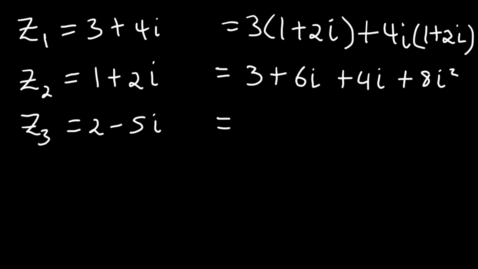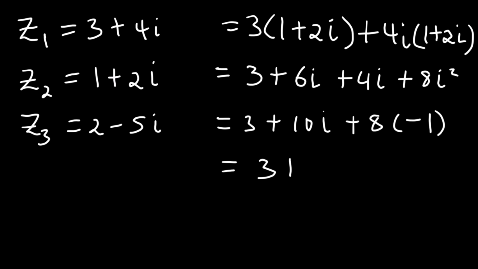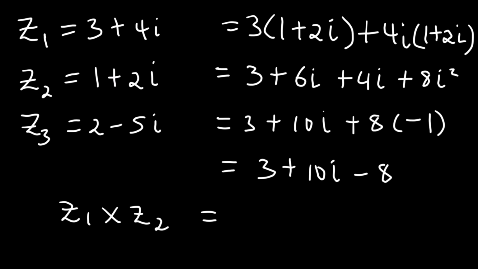So this will be equal to 3 plus 6i plus 4i, which is 10i, and then plus 8 times i to the power of 2, which is negative 1. So we shall have 3 plus 10i and then minus 8. And so z1 times z2 will be equal to 3 minus 8, which is negative 5, plus 10i.